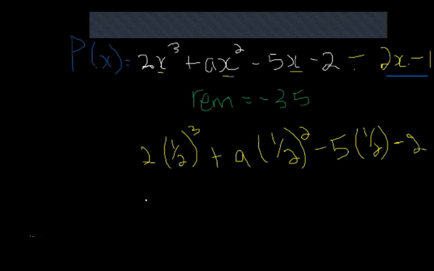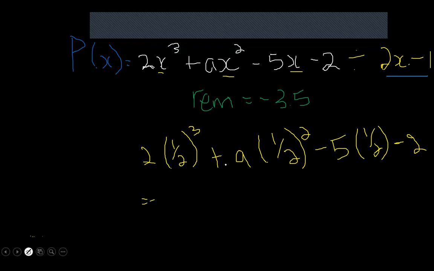So anybody got an answer for this when they substitute a half? Anybody? Okay, well, a half cubed is 1 on 8. So 2 times 1 on 8 is a quarter.